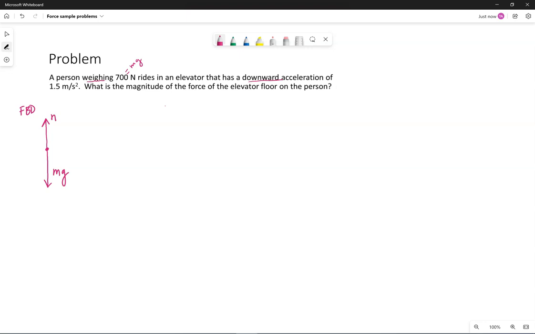If we write out either acceleration is equal to net force over mass, or the net force determines the acceleration, so net force is equal to ma. Either way, we need to write the net force in terms of the forces we know are acting on this person.